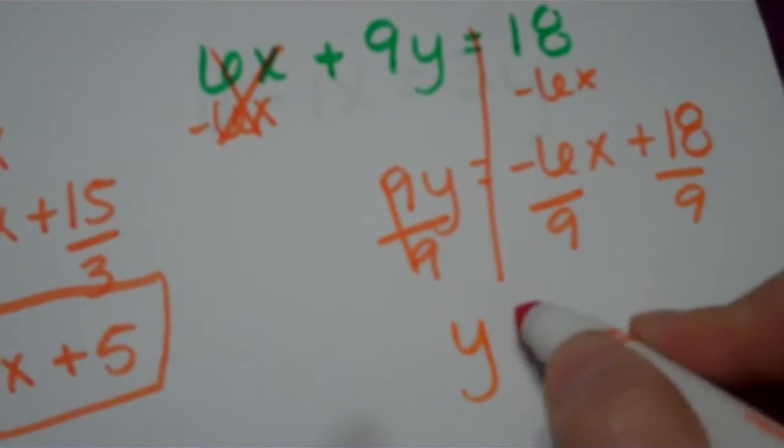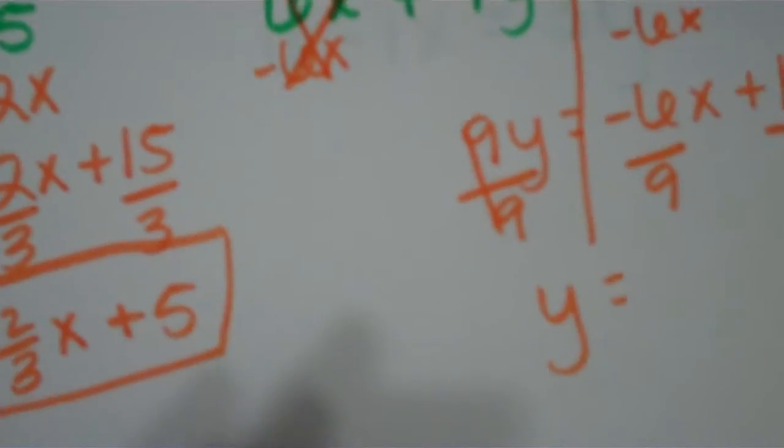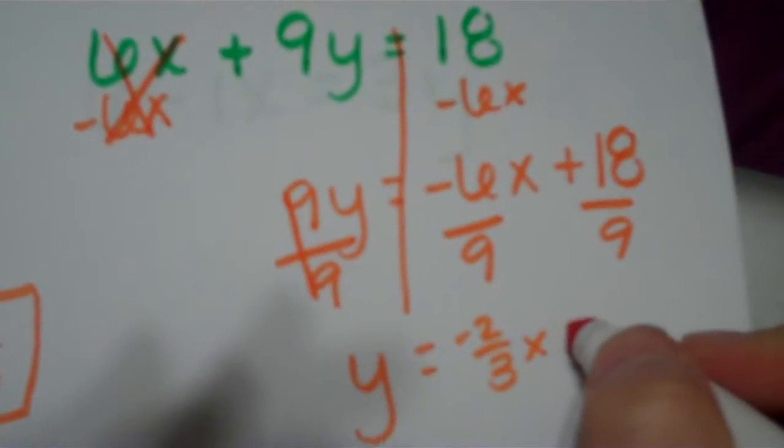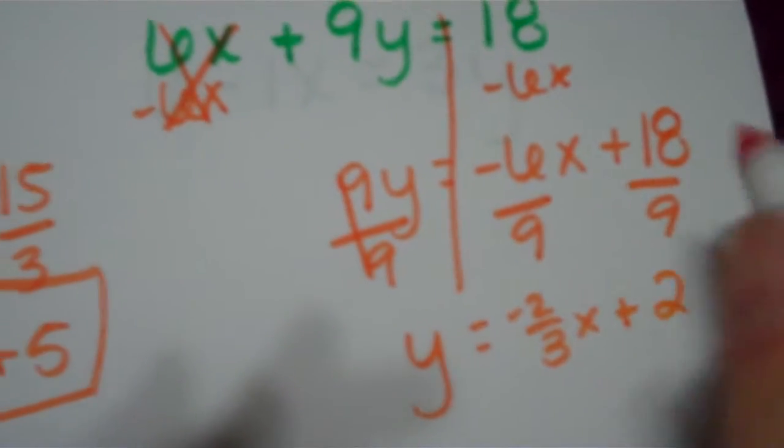Okay? So, calculator, negative 6 divided by 9 is a decimal. If you can kind of see that. My shadow's in the way. And then you math, enter, and you get negative 2/3. So, negative 2/3 x. And 18 divided by 9 is 2.